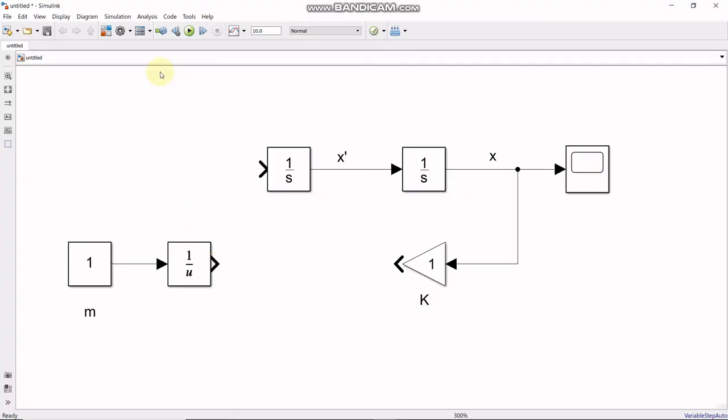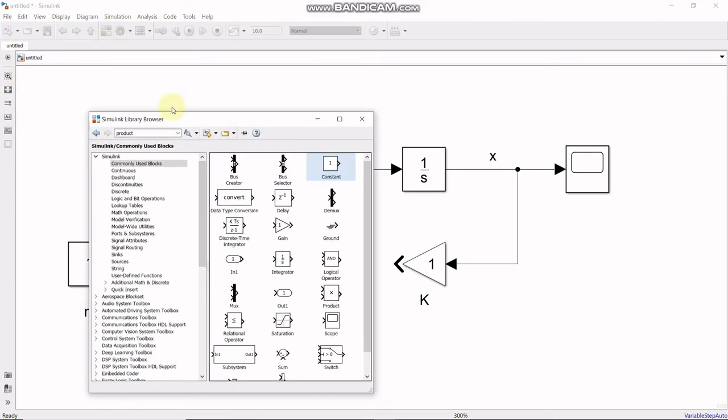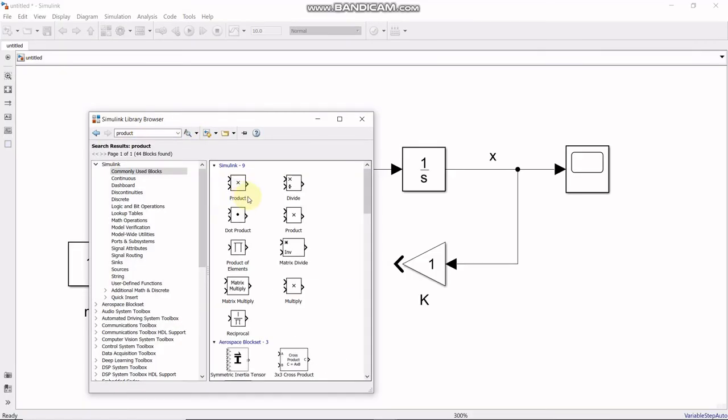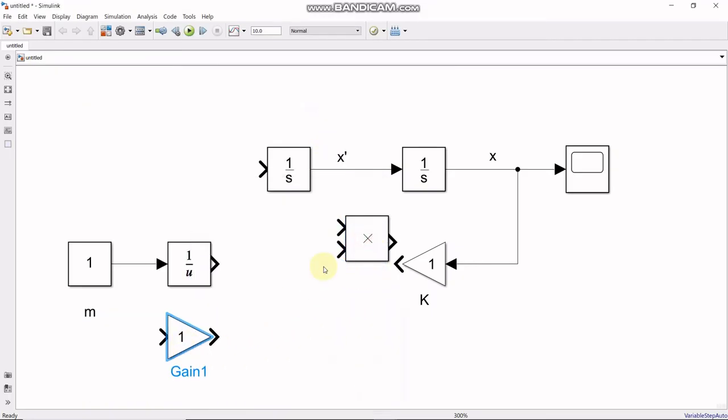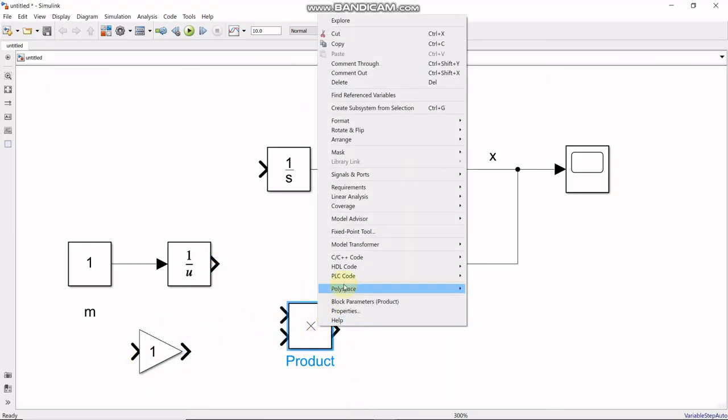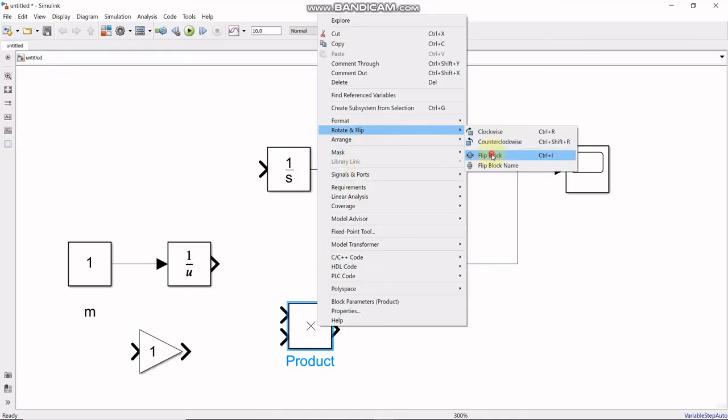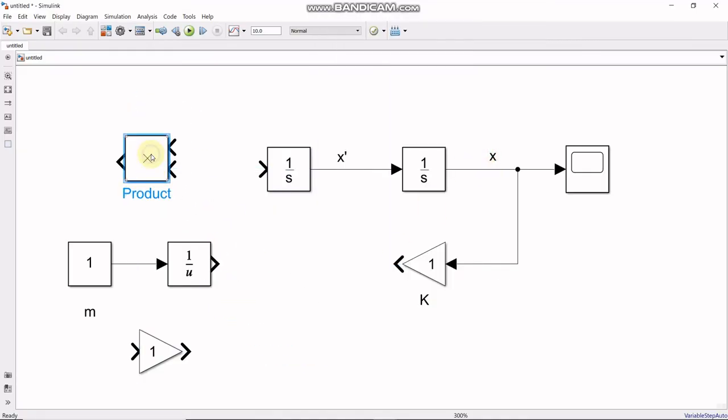And also I'll need a gain of minus 1 so that my m can be 1 over minus 1. Let me put in my product block. Let me check for my product. This is my product block. So I'll equally need a gain block again. So I need to flip this block. Flip this block. No, sorry, I need to flip it back. Okay.